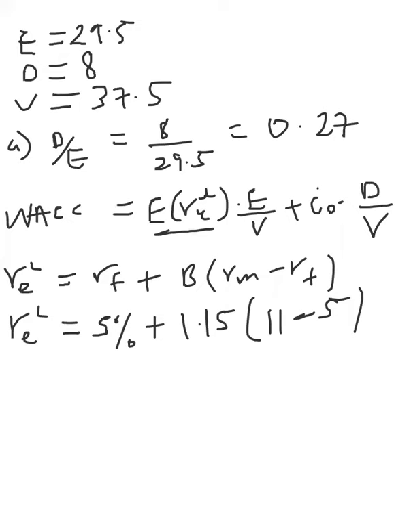So when you do your total, you're going to have 5 plus 1.15 into bracket 11 minus 5, and that gives you 11.9.